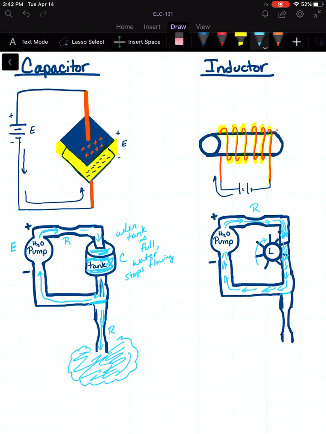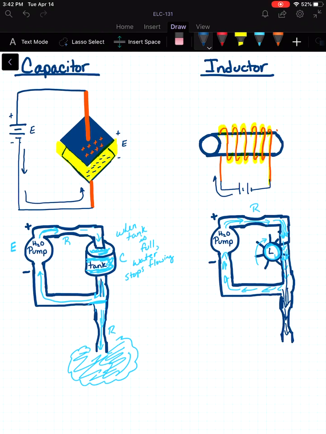So it's really not storing current so much as this turning motion keeps pushing the water through. And then once I open up another path for that, it's going to continue to push that water through with that motion until it stops.